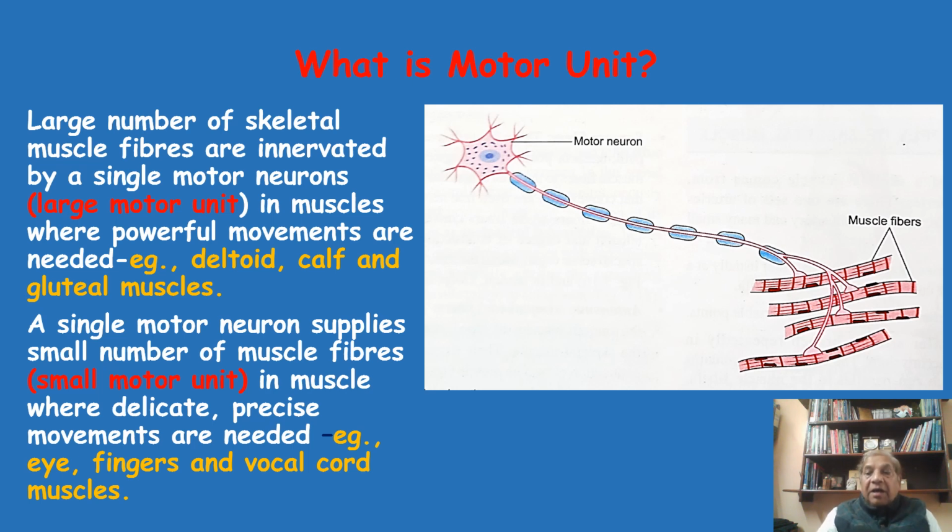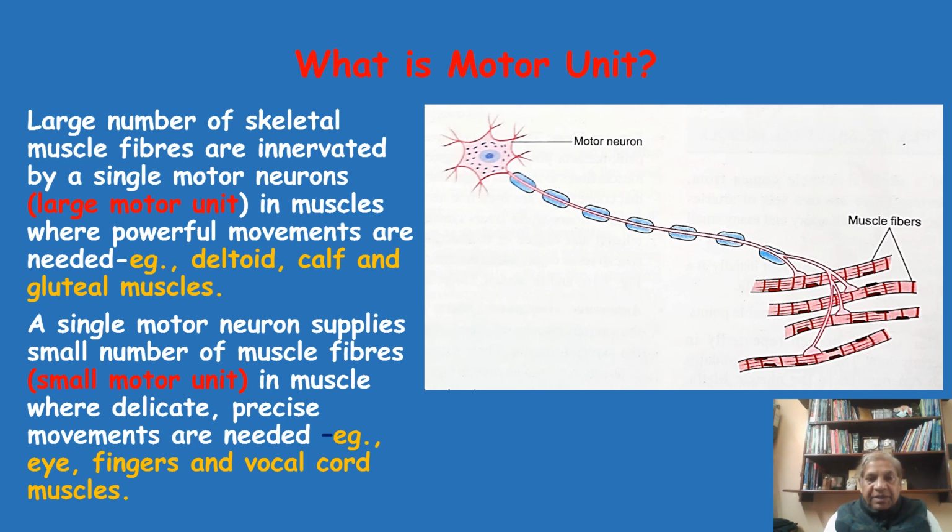On the other hand, let us see the opposite, the small motor unit, in which a single motor neuron supplies a small number of muscle fibers. The muscles where a small motor unit is seen are the muscles of the eye which move our eyeball, the muscles which move our fingers, or which move our vocal cord when we speak.